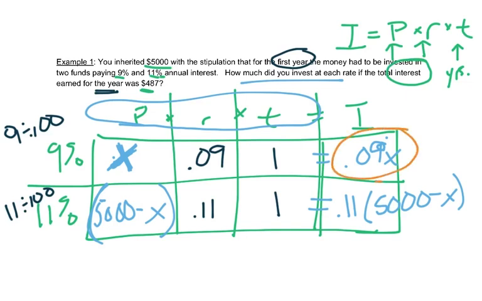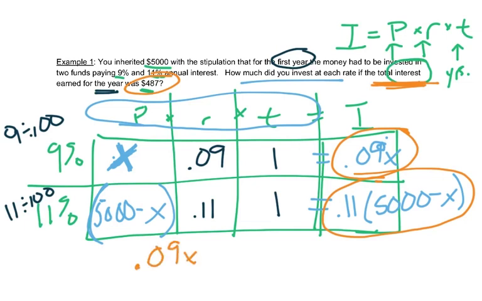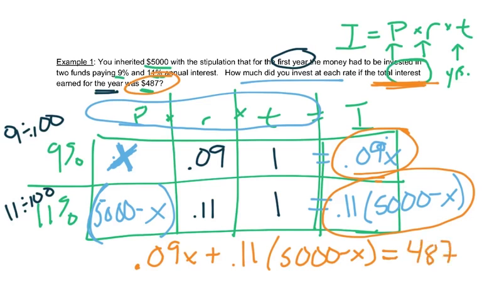This is the interest amount from the 11% account. And we know that we got a total interest of 487. So that total interest is saying that we would add those two together. So we'd have 0.09x plus 0.11 times 5,000 minus x, and that would give us 487.